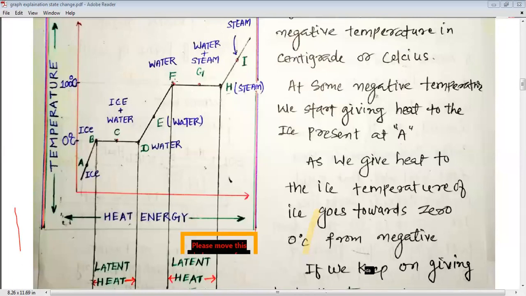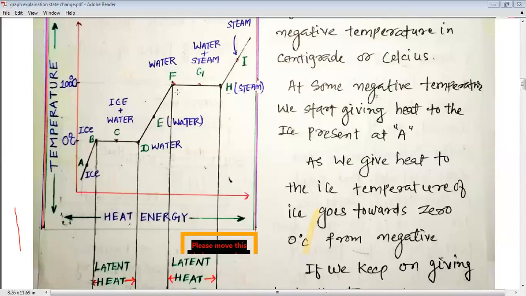At point F, even if a small amount of heat energy is given to this water, the water suddenly starts boiling, and the water from the bulk starts converting itself into water vapor, into steam, or the gaseous form. And this is how, my dear students, we understand the process of boiling.